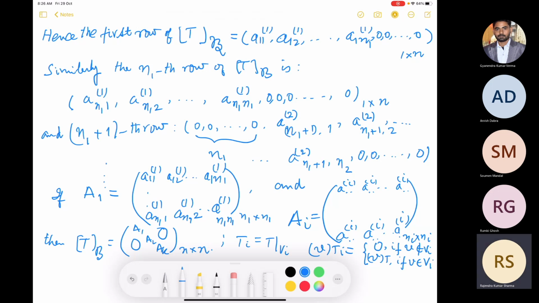And in this setup, you can see that A_i is actually the matrix of T_i with respect to the basis B_i.